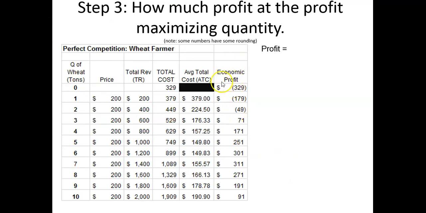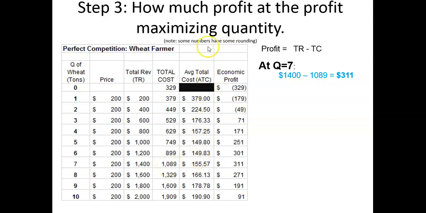And I'm reminding us, although it's not usually put in these tables, in the book or in homework problems, that we're talking about economic profit, which makes zero good enough. We're not counting accounting profit. That wouldn't be true. Usually it just says profit. Okay, so profit, total revenue minus total cost at a quantity of 7. Total revenue $1,400 minus total cost $1,089.